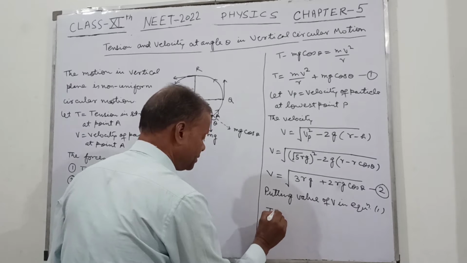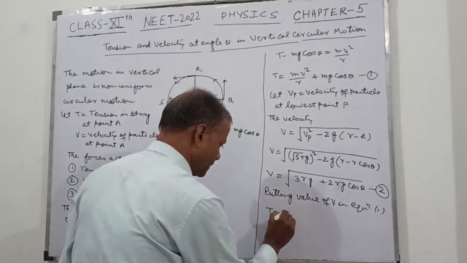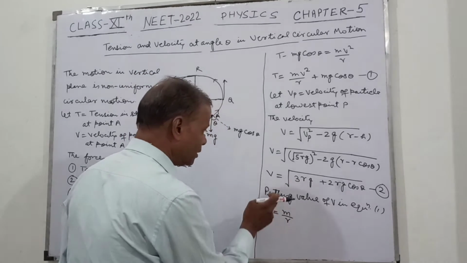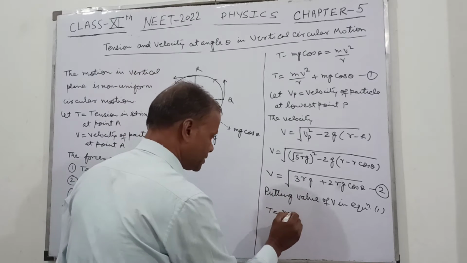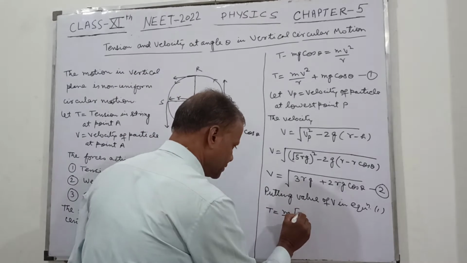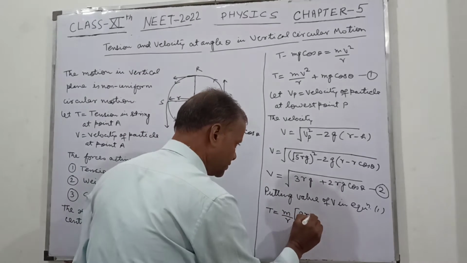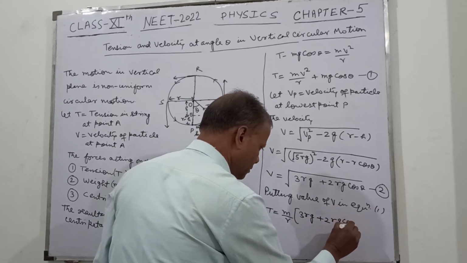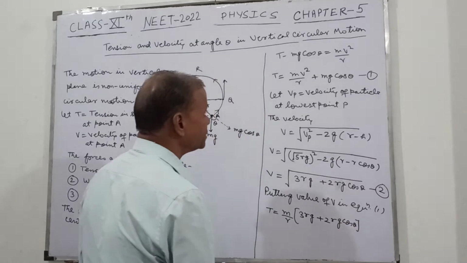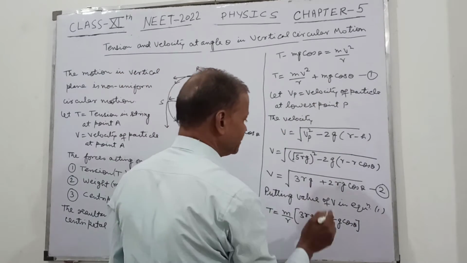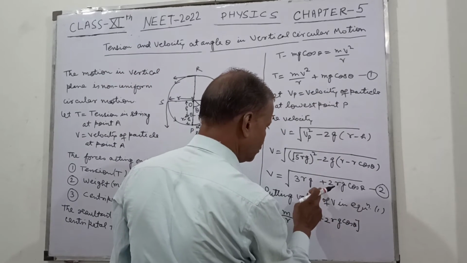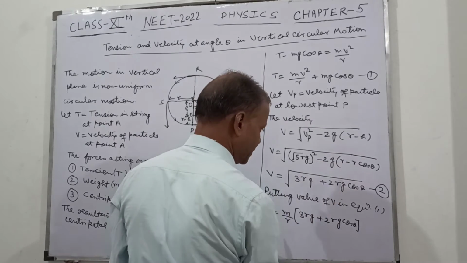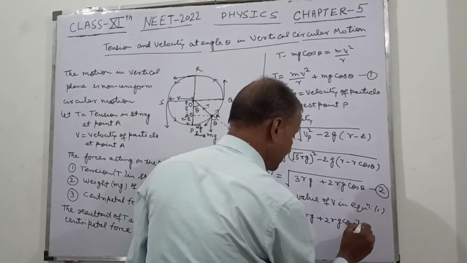T equal to m upon r times v square, which is 3rg plus 2rg cos theta, plus this mg cos theta.